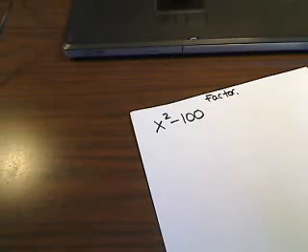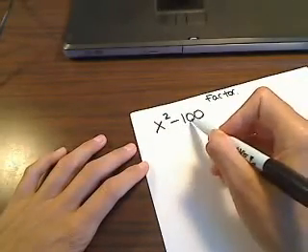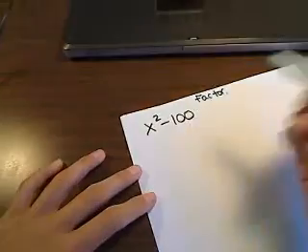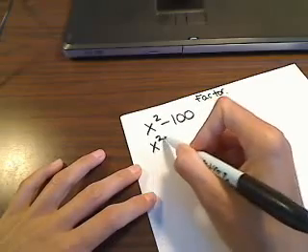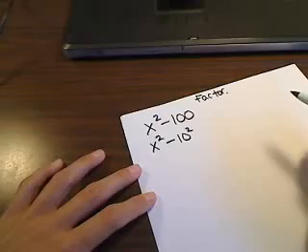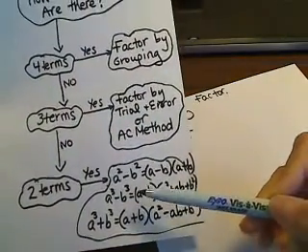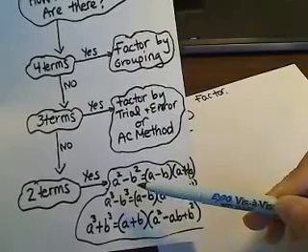What you'll notice is I can actually write this number 100 as a square, because I can write it as x squared minus 10 squared. 10 squared is the same thing as 100. So what I've done is I've made it fit this a squared minus b squared form.